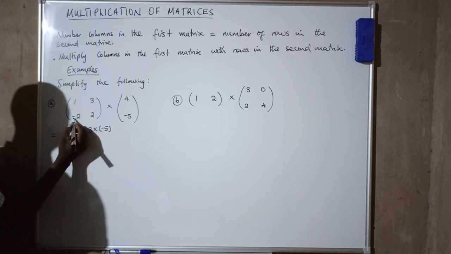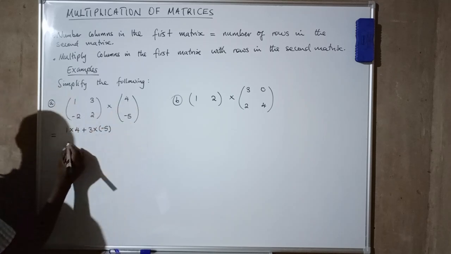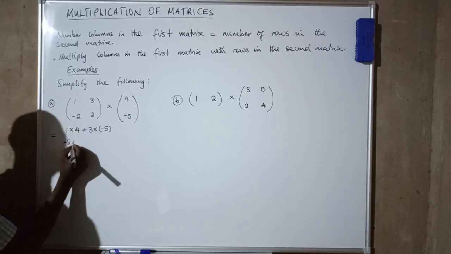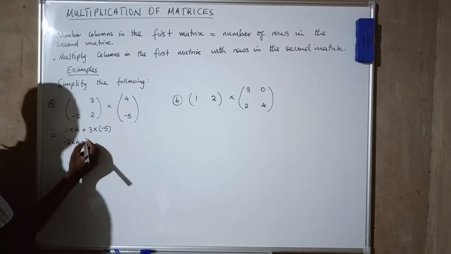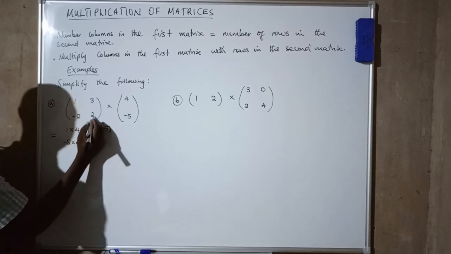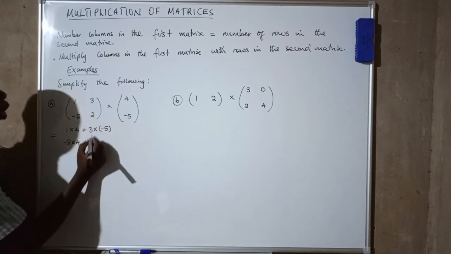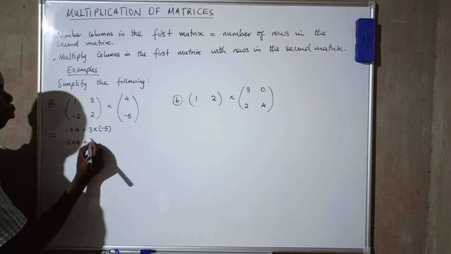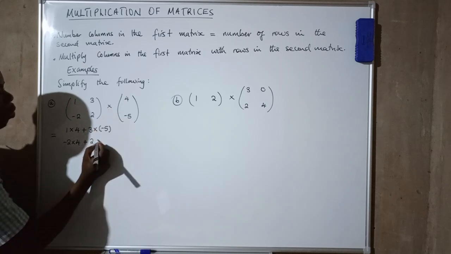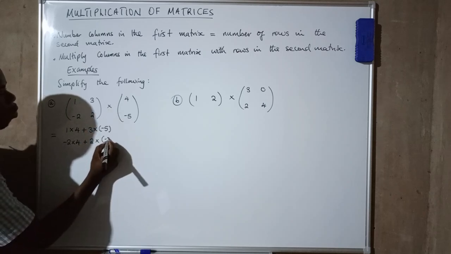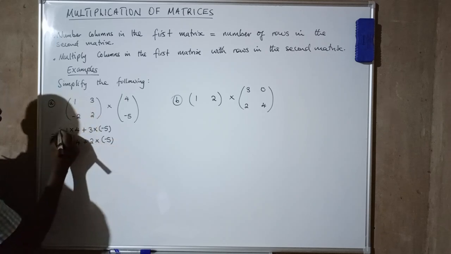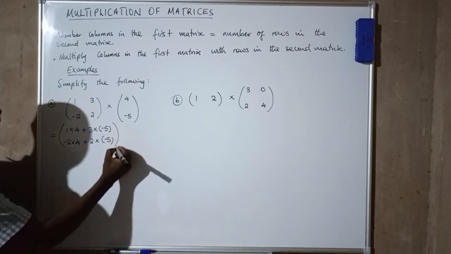Then you come to the same one, negative 2 times 4. Then plus, 2 times negative 5. Then once you do that, you also do like that.